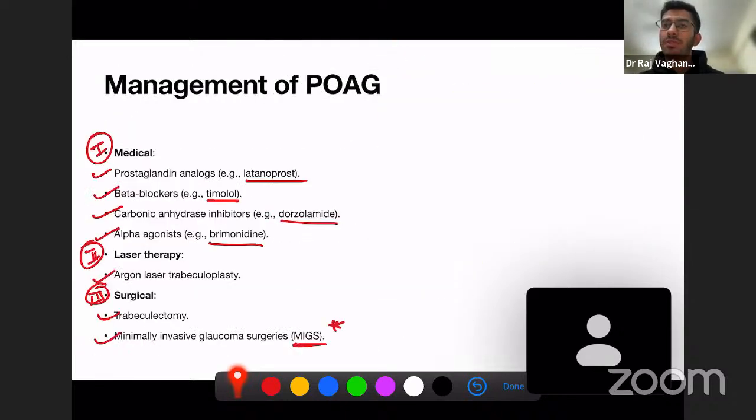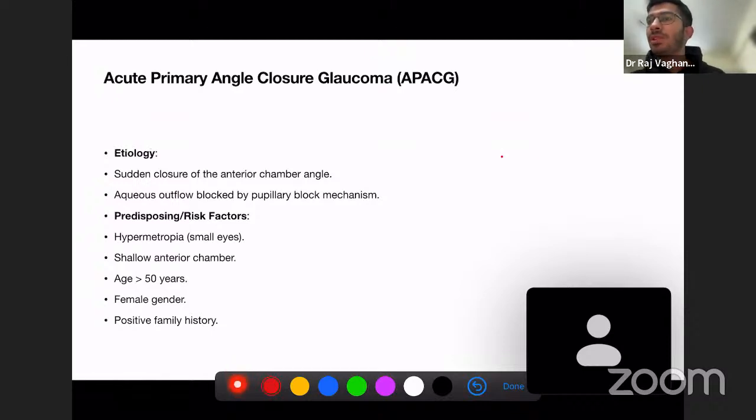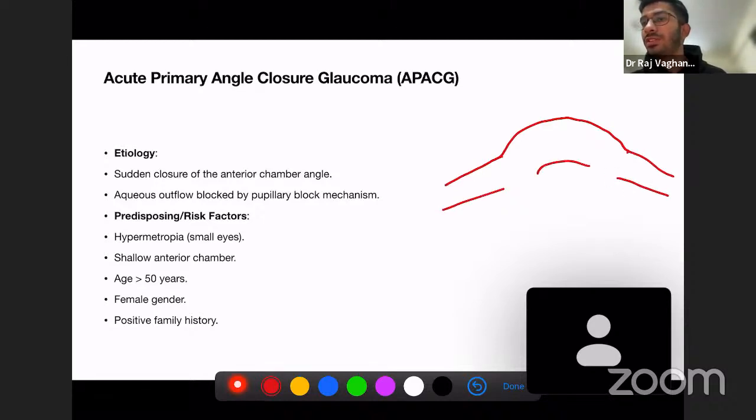Let us draw one diagram over here also. For example, this is the cornea. This was the ciliary body, right? And there was a lens. This was your iris and this was your zonules. So it was like this.